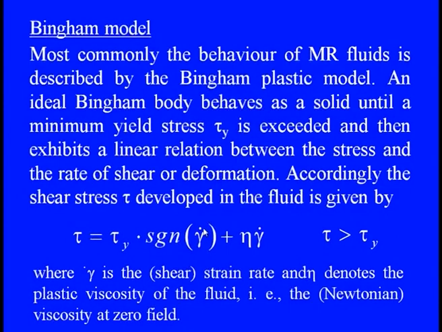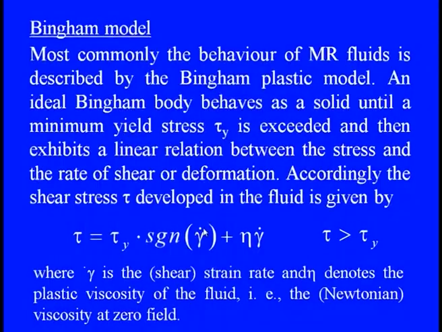An ideal Bingham body behaves as a solid until it reaches the minimum yield stress, say tau y. And when it is exceeded, it exhibits a linear relation between the stress and the rate of deformation, or the shearing part.